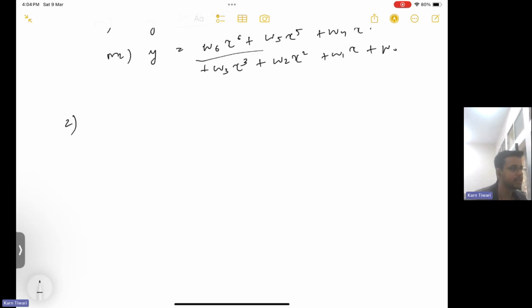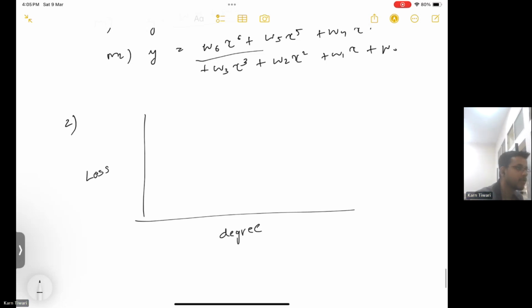Now coming back to question two. We fit a polynomial model of different degrees on a given data and observe the training and validation error. What degree polynomial should we choose? So here is the degree of the polynomial, and here is the loss.